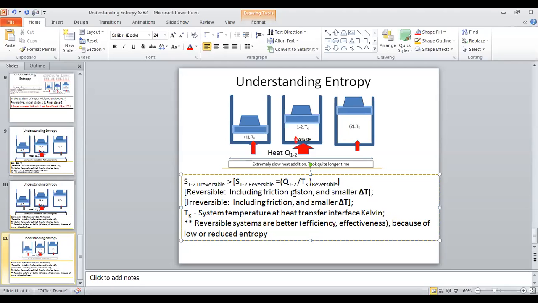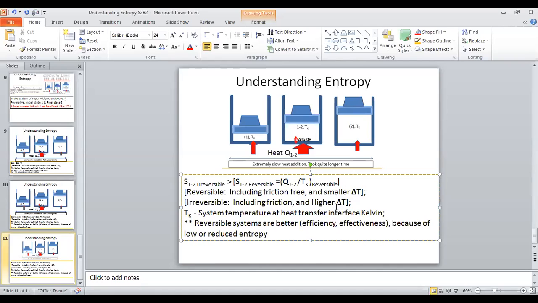Not necessarily friction, piston. Reversible means including friction free. So irreversible, including friction and higher delta T.